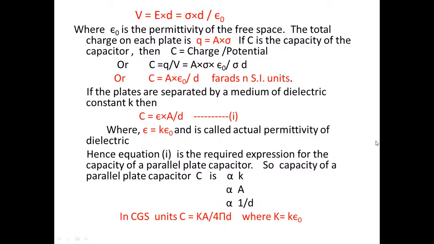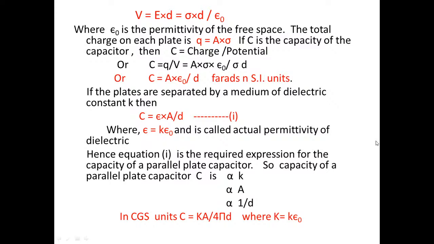Or you can say, with the introduction of the dielectric, the capacity increases. With the increase in the area of the surface, the capacity increases, and with the decrease in the distance between the two plates, the capacity increases.